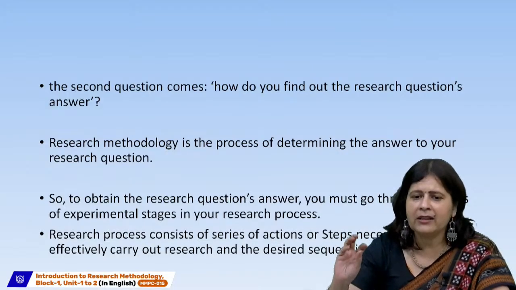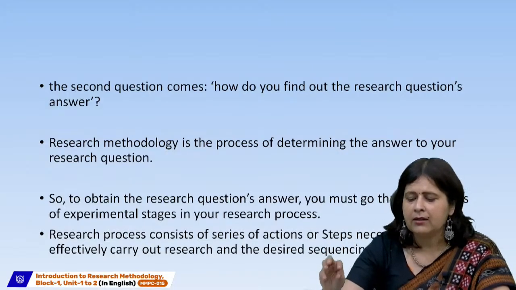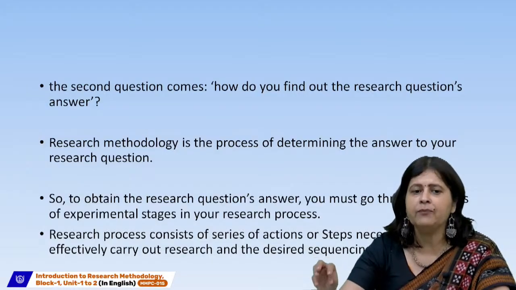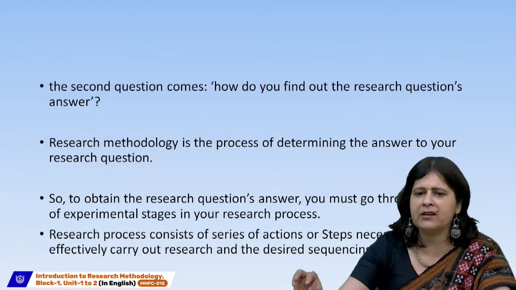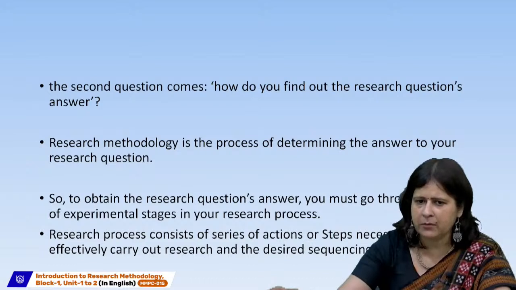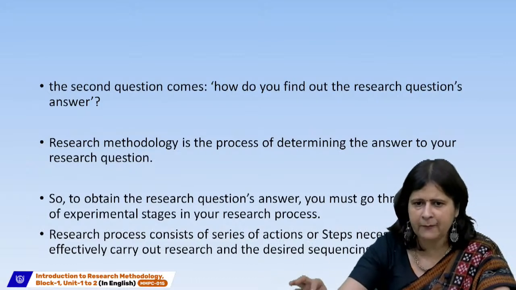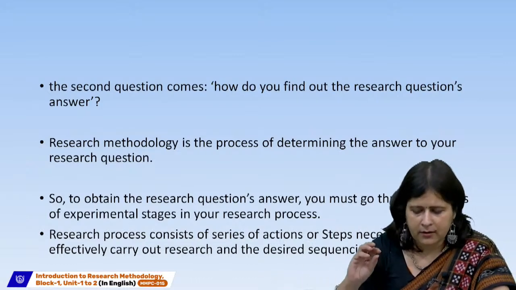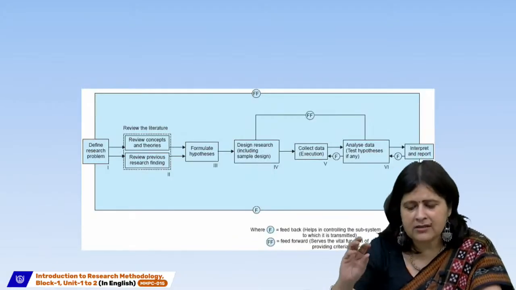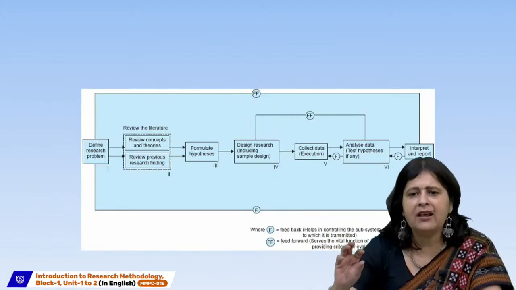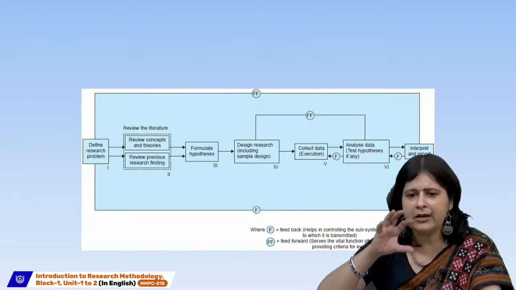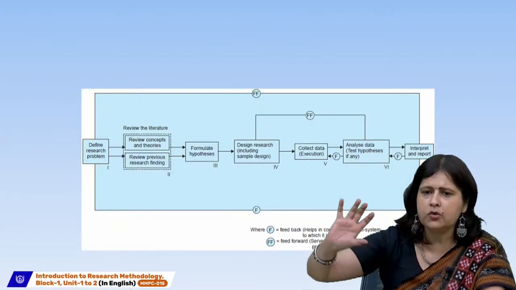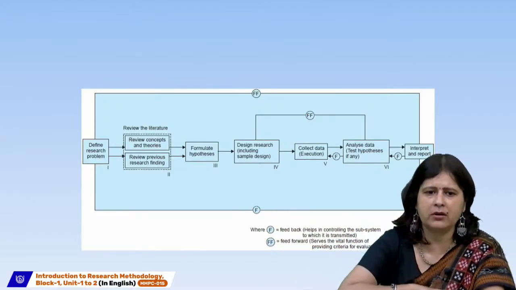To get the answer to the question, the researcher must go through a series of stages in the research process, right. There is a sequence of steps one should go through.